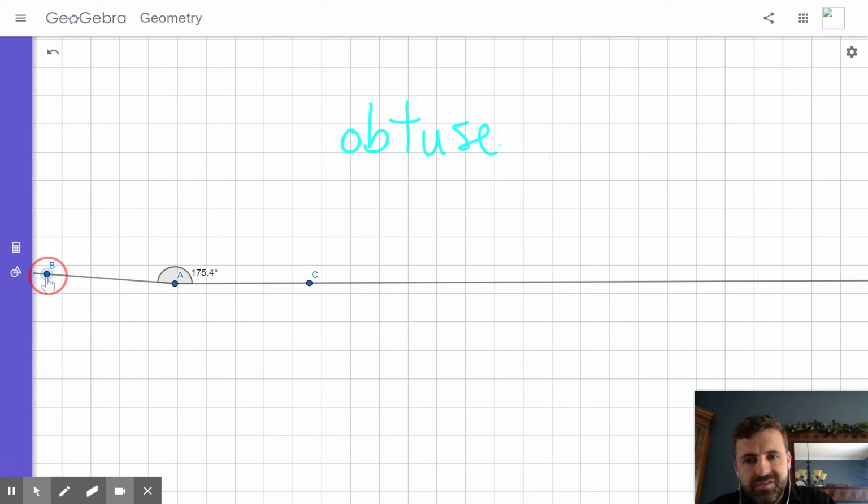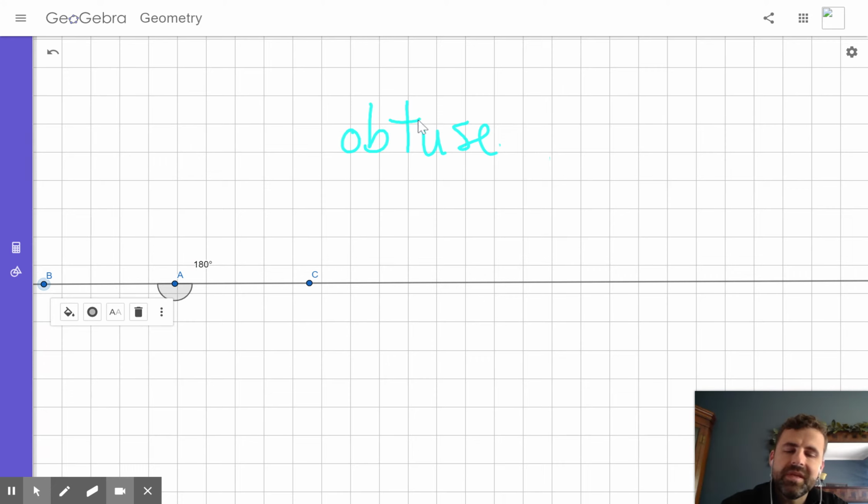Now, when we get to exactly 180 degrees, if I can get there, again, there we go. When I get to exactly 180 degrees, you guys can see the little semicircle there. That is another kind of angle. Even though it is greater than 90 degrees, we don't call it obtuse.